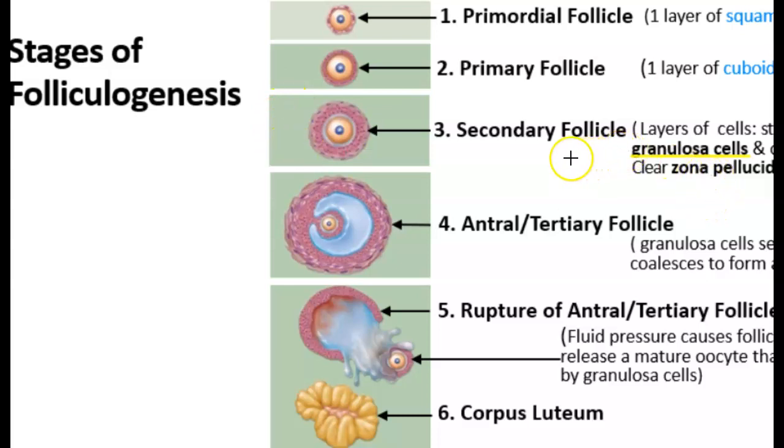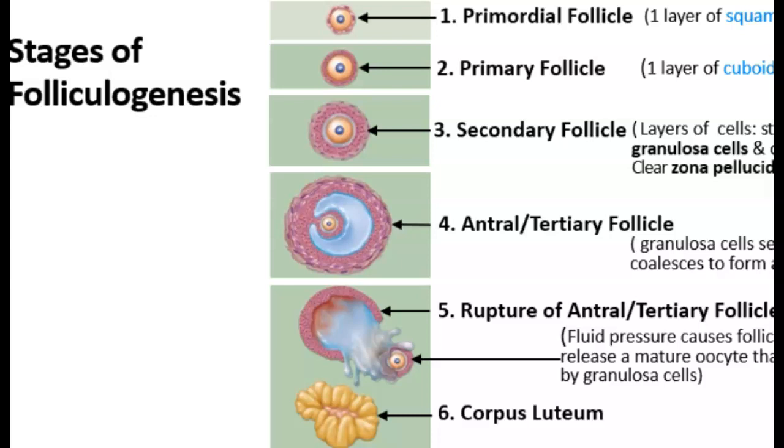In addition, we see this clear structure. It's a fluid-filled space between the oocyte and the granulosa cells. That structure is called the zona pellucida. So you can name a secondary follicle by the fact that there's layers of cells and that you see a very thin, clear zona pellucida around the oocyte.